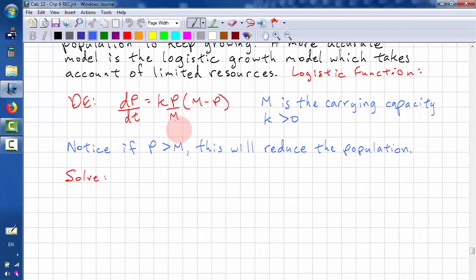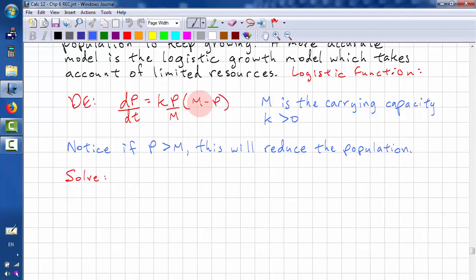So we need to solve this differential equation. That means we need an explicit function for P. So we do what we normally do. We separate and integrate. This is a constant. This is a constant. And let's move all the P's over to one side, and we'll leave t on the other side.